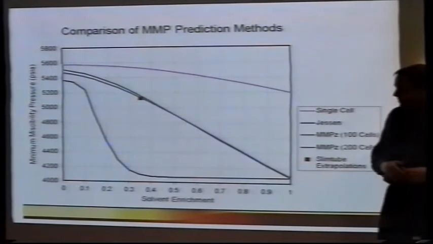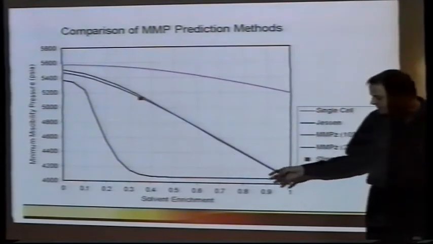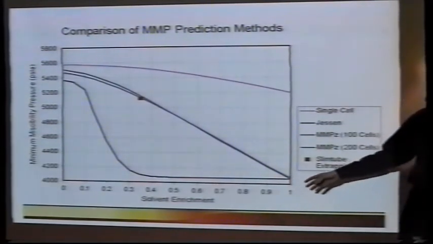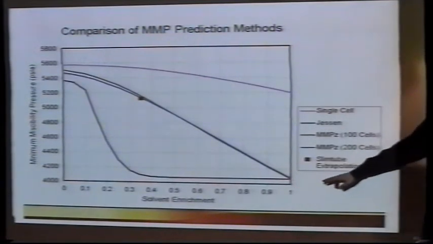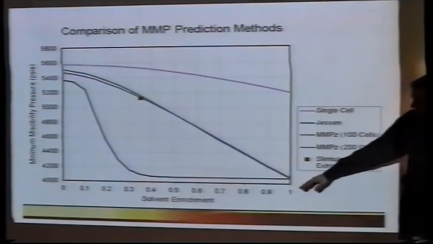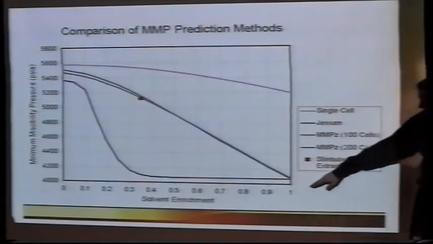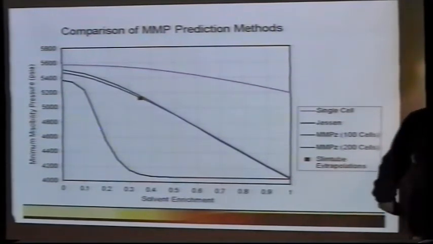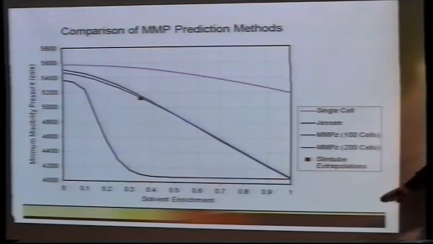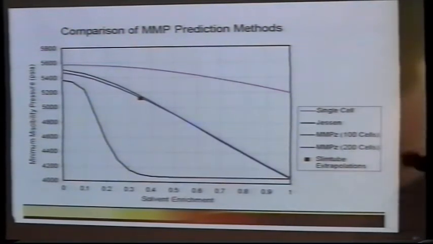And so what they did was they went from 100% of one solvent to 100% of the other. Now, if you kept enriching it in the same way, this curve would eventually do something different. It would probably also flatten out. Certainly, at some point, you're going to reach first contact miscibility.